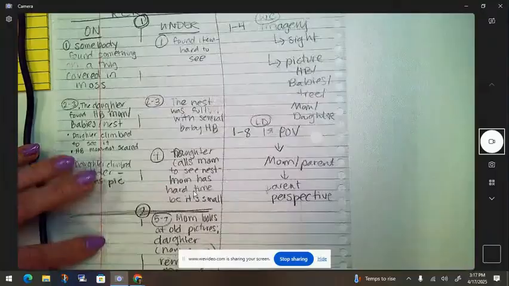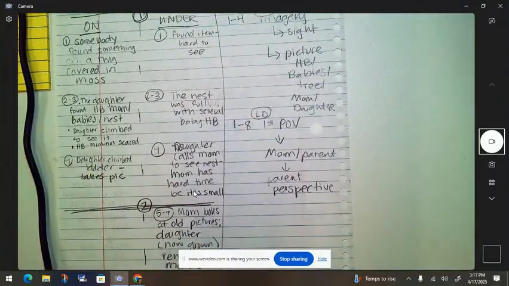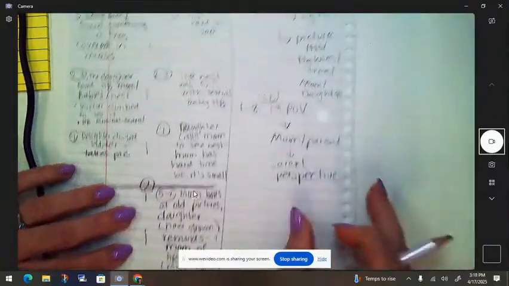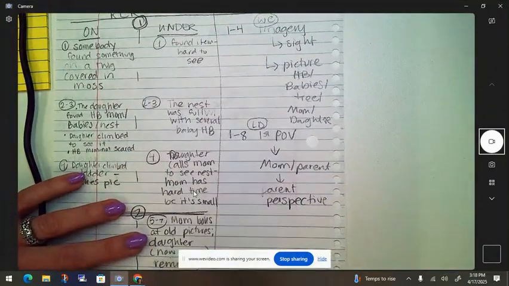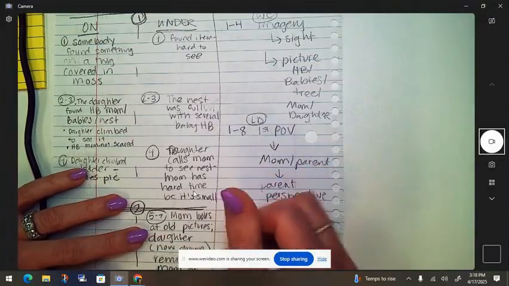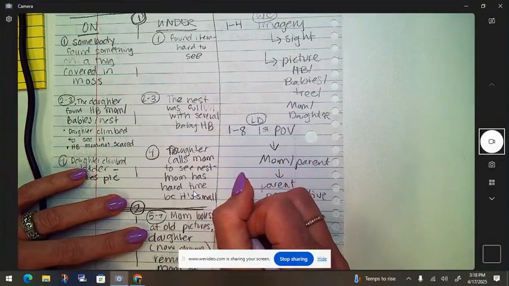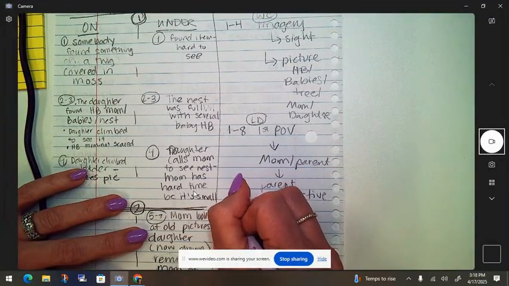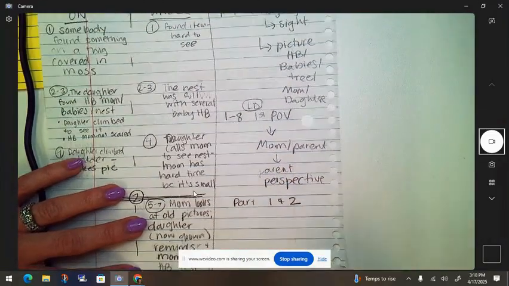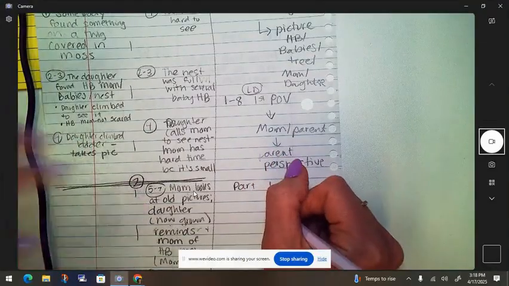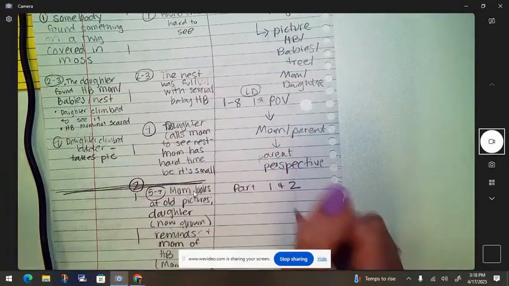Word choice, literary device. And then the other thing that I don't know that I have a name for other than it's like a structural thing, because this is kind of telling a story, almost like a plot structure thing. But the part 1 and part 2, I feel like the author jumped in time.